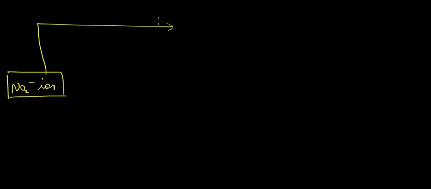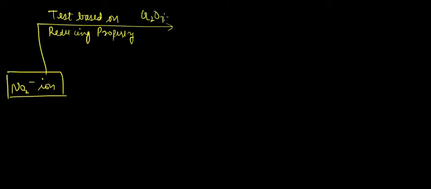We have NO2 minus ion. First it is subjected to the test based on reducing property. So reducing agents, we can have other oxidizing agents.